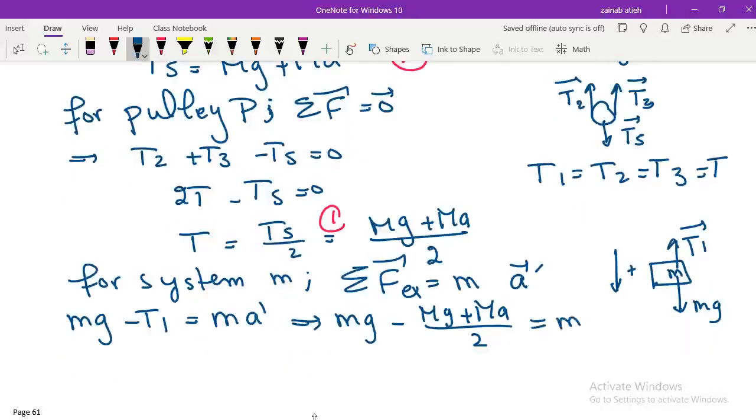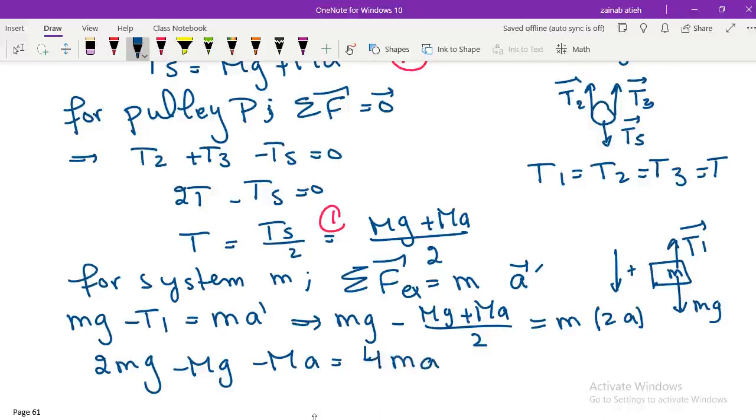equals m. I will replace a prime with 2a because the acceleration a prime of small m is equal to twice that of large m. It's 2a. راح أضرب كل الإيكويشن ب 2. I will get 2mg minus mg minus ma equals 4ma.